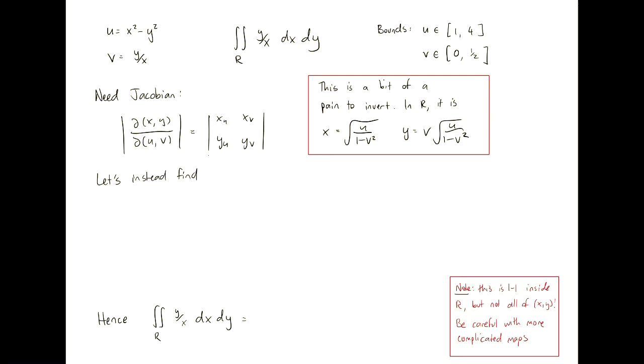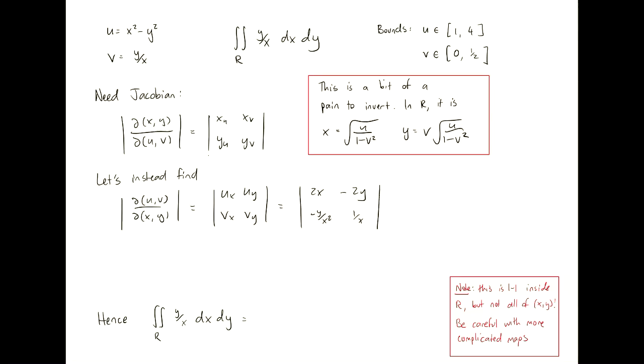So what I'm going to do instead is use that little trick to find the Jacobian. It's pretty easy, however, to find partial (u,v) over partial (x,y), which is equal to the determinant of u_x, u_y, v_x, v_y, which is 2x, minus 2y, minus y over x squared, and 1 over x.